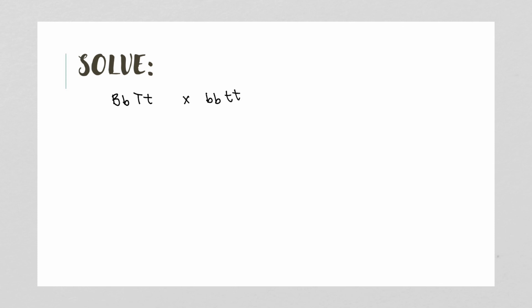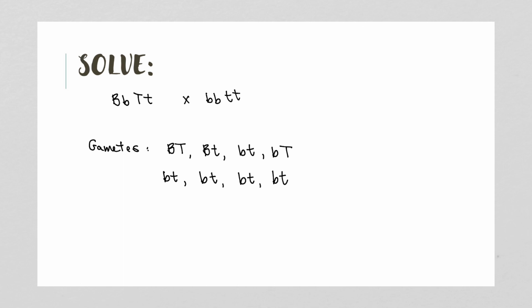So those are the parents, and the gametes are, for the first one, we could have big B, big T, big B, little t, little b, big T, or little b, little t. The other one is all going to be little b, little t, because they're homozygous recessive for both the traits.